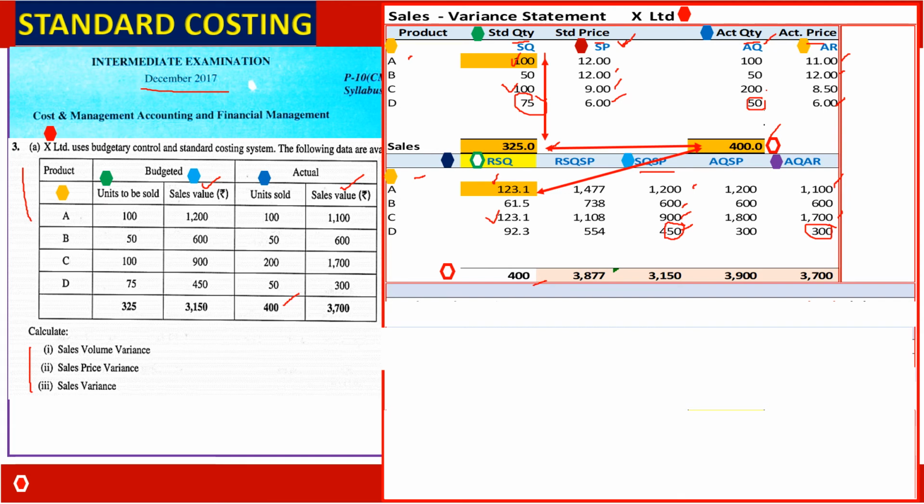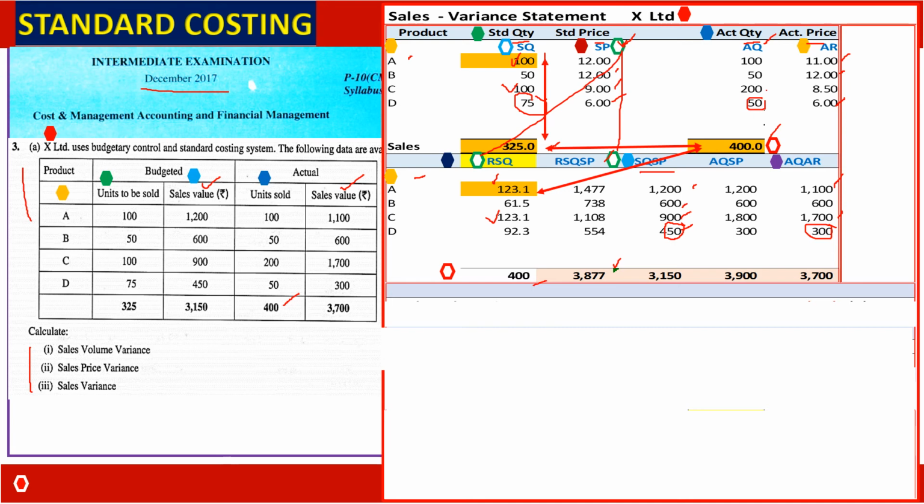Now we have got the revised sales quantity. Now the multiplication to be done as per our standard template, RSQ into SP is RSQSP. We multiply 123 into 12, 61 into 12, 123 into 9, 92, and we get the figure of RSQSP 3877.